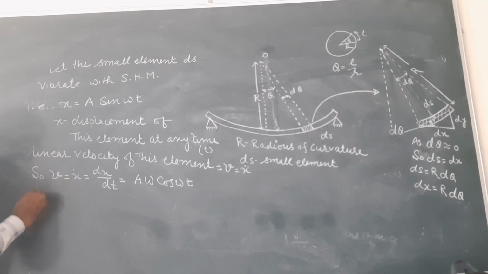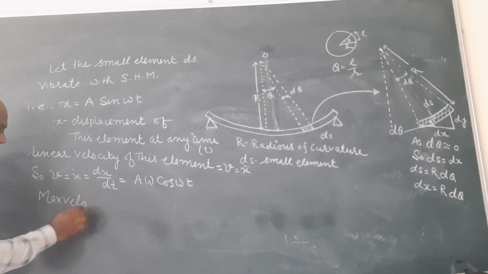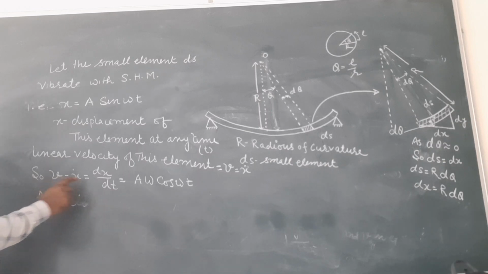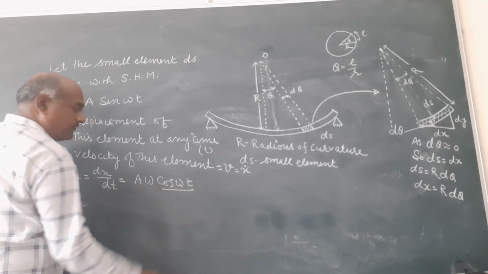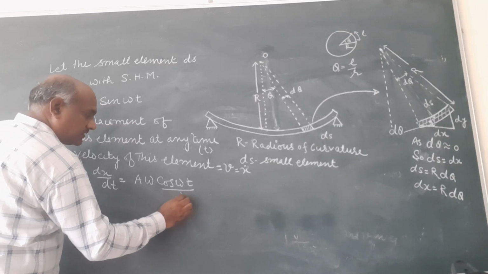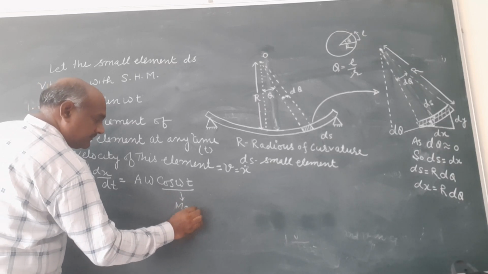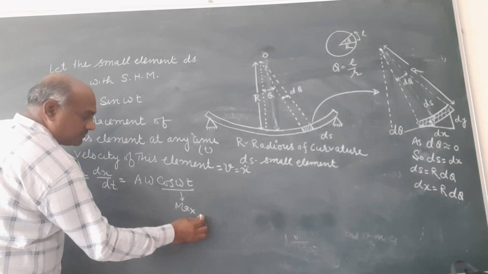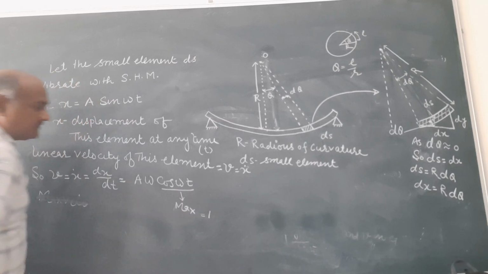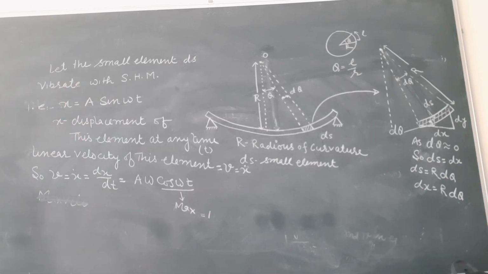This velocity will be maximum when the value of cos omega t is maximum, and the maximum value of cos omega t is 1.